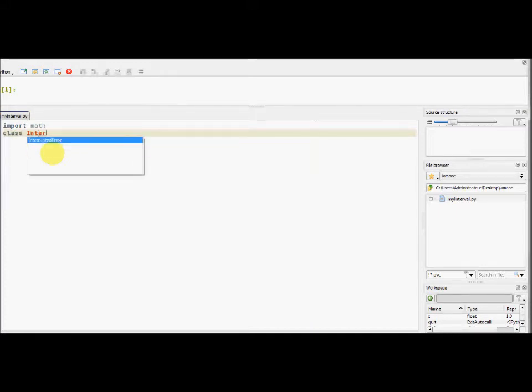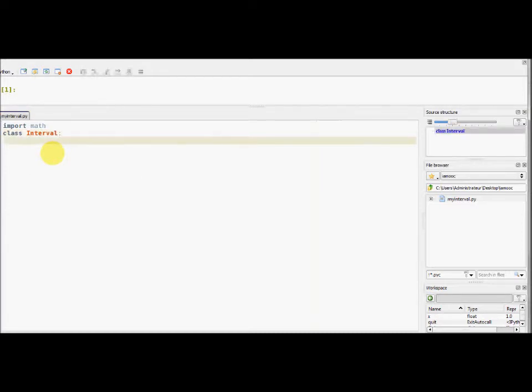Class interval. I first have to define the constructor, so def the constructor __init__. The interval is x, and the bounds will be a and b.